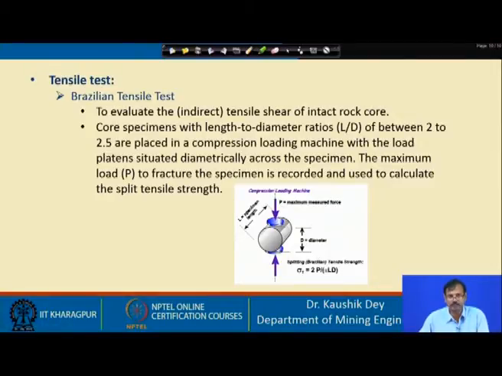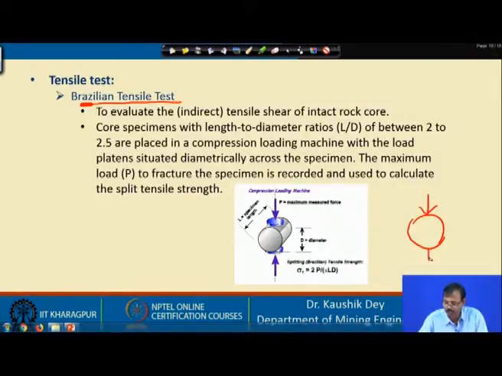Tensile testing is basically carried out where direct tensile testing is not always possible. So, indirect tensile testing is carried out on a Brazilian test sample, where the specimen is placed like this and it is loaded radially.